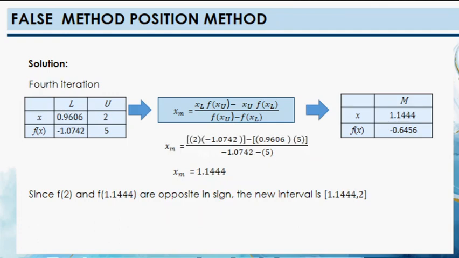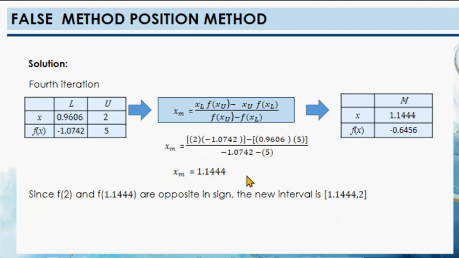So, sa fourth iteration natin, yung na-solve natin na x sub m and f of x sub m will be our new x sub l and f of x sub l. Yung upper limit natin, the same pa rin siya. So, from this table, kompleto na naman tayo na values para makapag-solve ng bago nating x sub m. So, plugging these values to this formula, we have x sub m is equal to 1.1444.